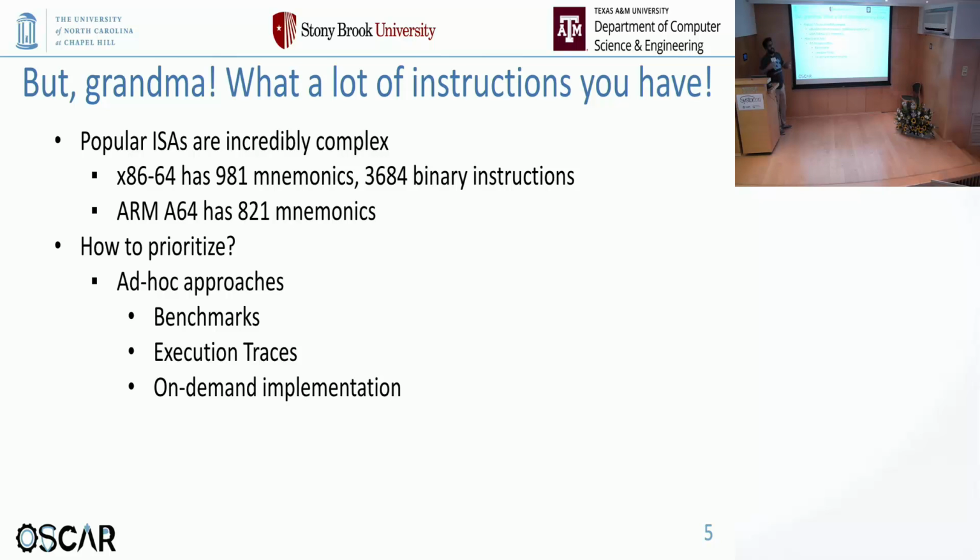So how do we prioritize, right? We want maximum returns on investment for developer effort. Well, all previous approaches have been kind of ad hoc. We've either looked at a benchmark suite and said, what does this benchmark suite use? And it will support that. Or maybe you have a target execution environment and then you collect a trace and you target that.